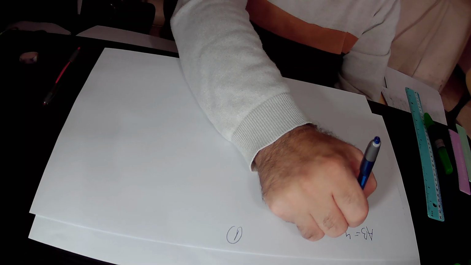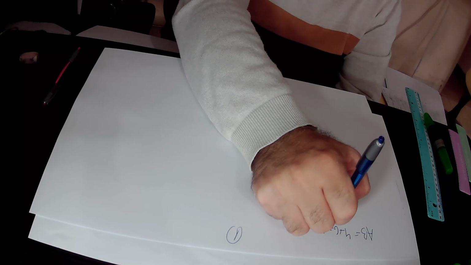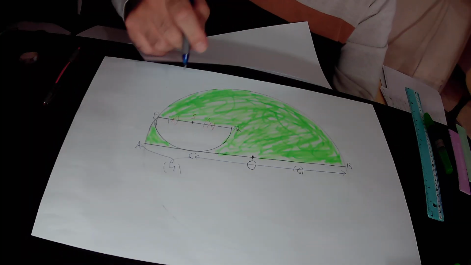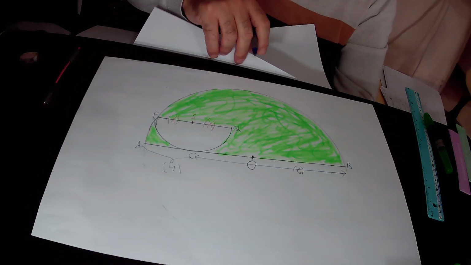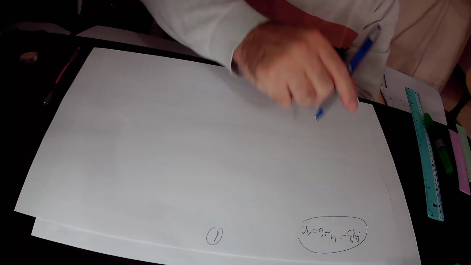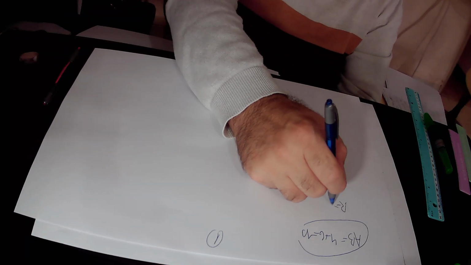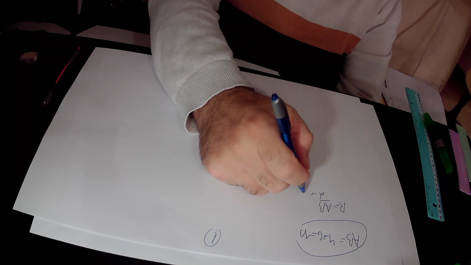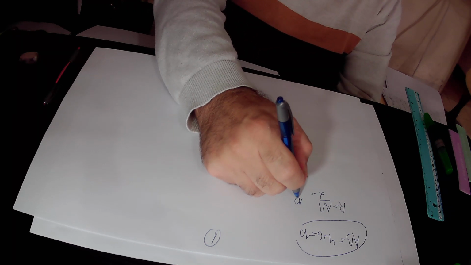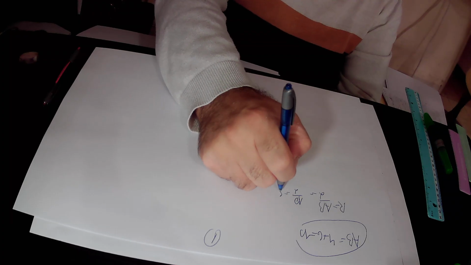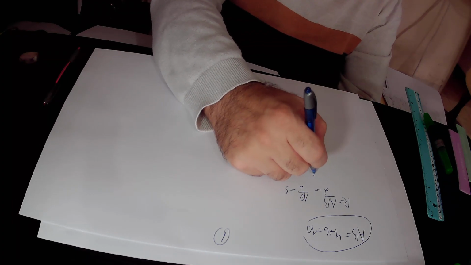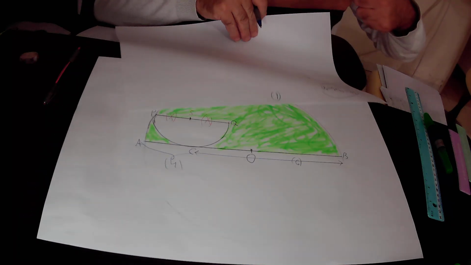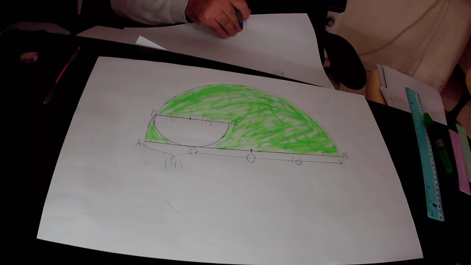We define the radius of this big semicircle as R. So the radius R must be equal to the diameter AB over 2, that is 10 over 2, which is 5. So R equals 5 units in its length.